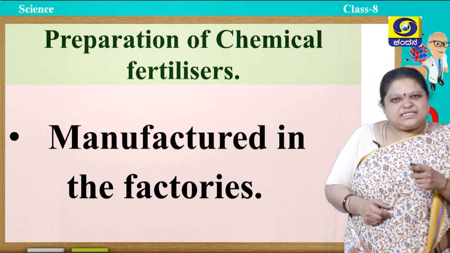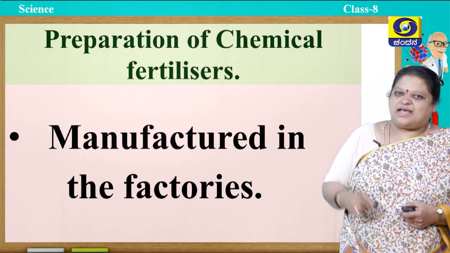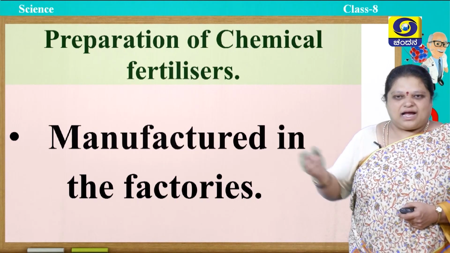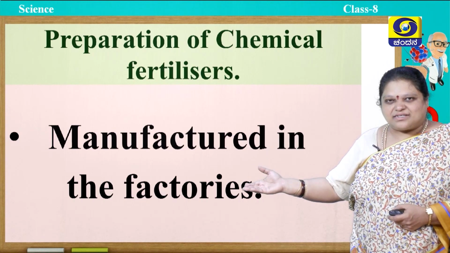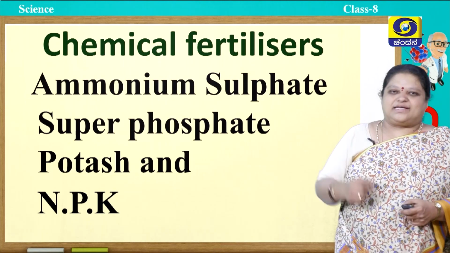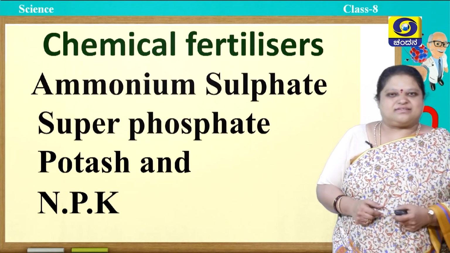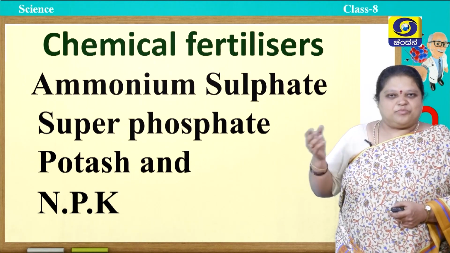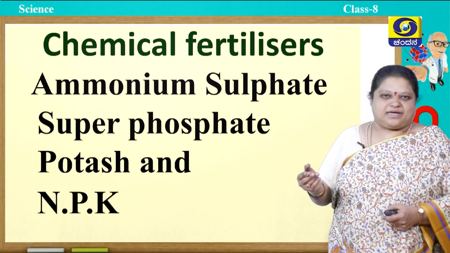So these chemical fertilizers, as the name itself suggests, are made up of chemicals and they are basically manufactured in the factories. Some examples of chemical fertilizers are ammonium sulfate, superphosphate, potash and NPK.